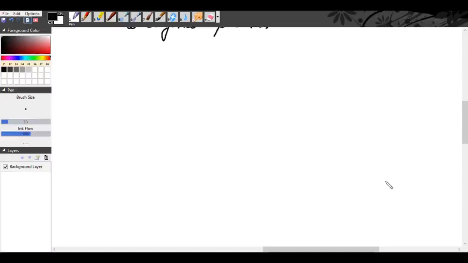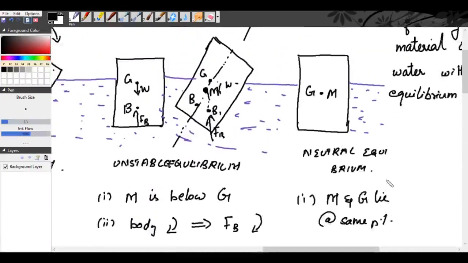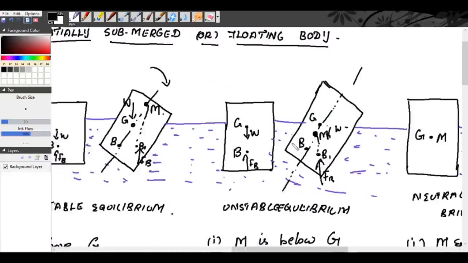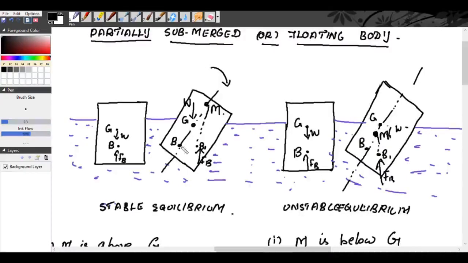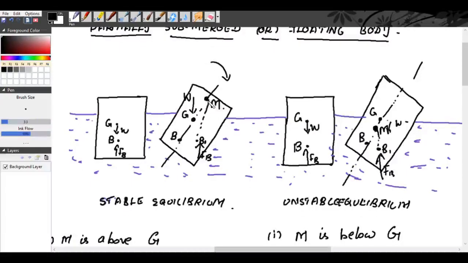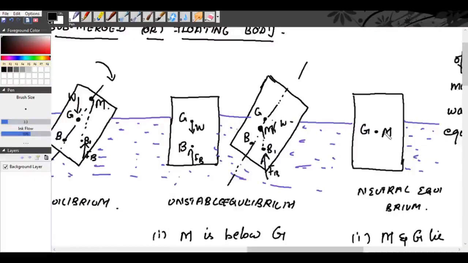When the body is partially immersed in the water, when our center of gravity lies below the metacenter, that is a stable equilibrium. If the metacenter is below the center of gravity, it will be an unstable equilibrium. And if the metacenter and the center of gravity are at the same point, then that is neutral equilibrium.